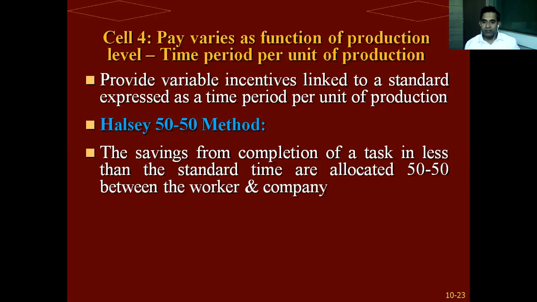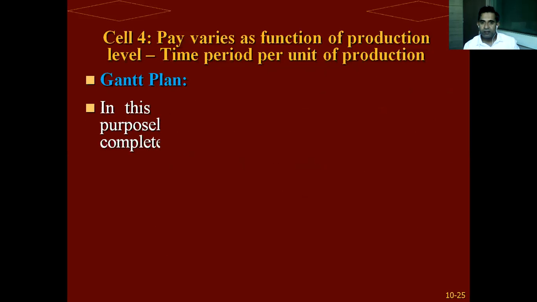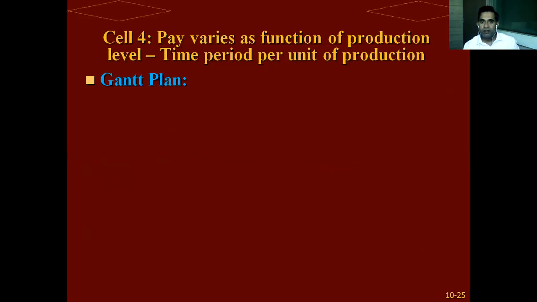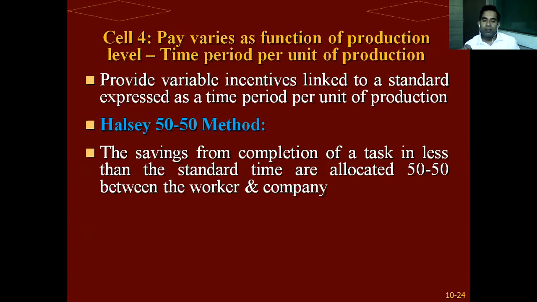Let me see if we have any illustrations. So I'll give an example. Say, for example, there is a car service center, and the service engineer works for 9 hours a day, just for our convenience.